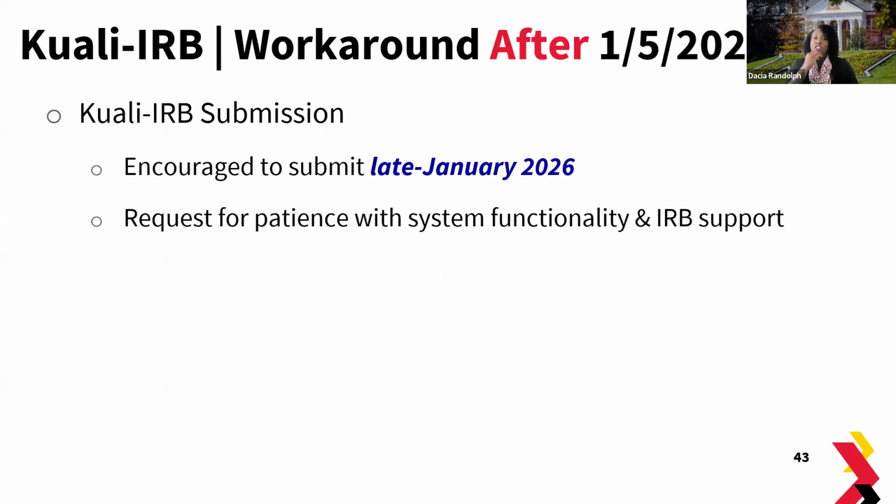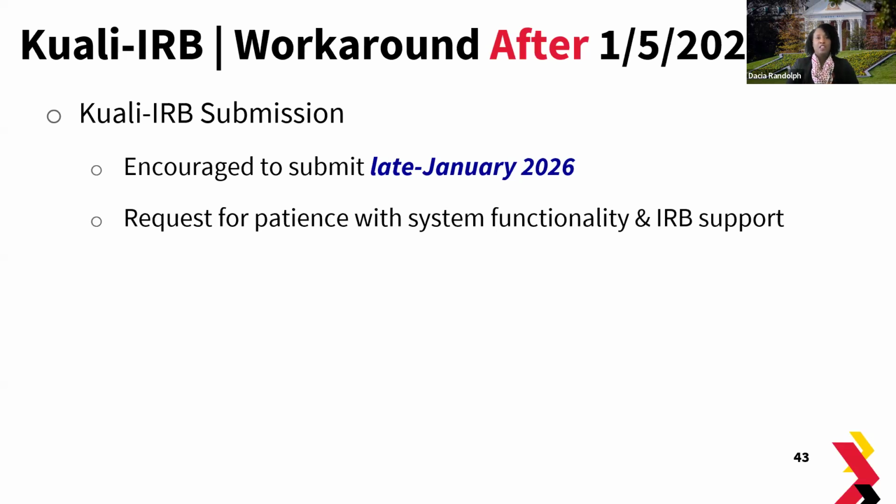All right, so after January the 5th, again, this is per the IRB Office Director, Joe Smith. To Shauna's question earlier, you want to perhaps wait. They said late January 2026 to really start utilizing Kuali-IRB, but I would even go as far as saying, if possible, wait until February so that they can work out the kinks.